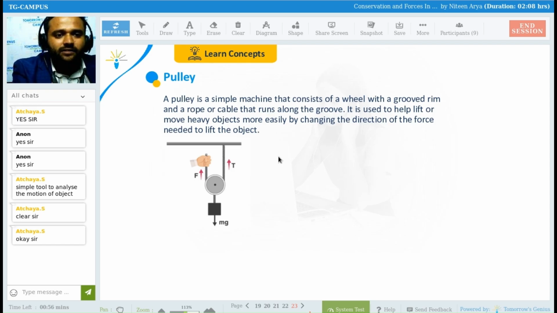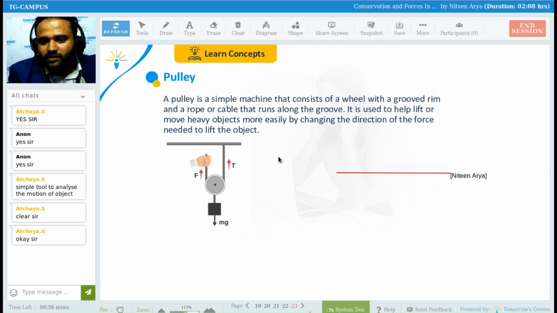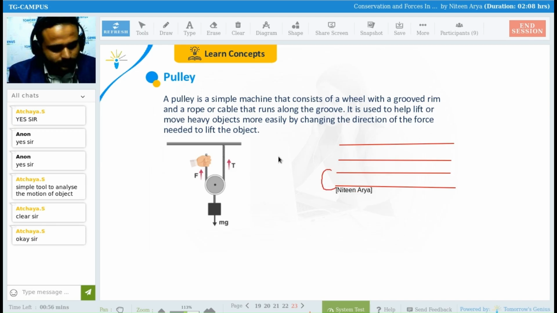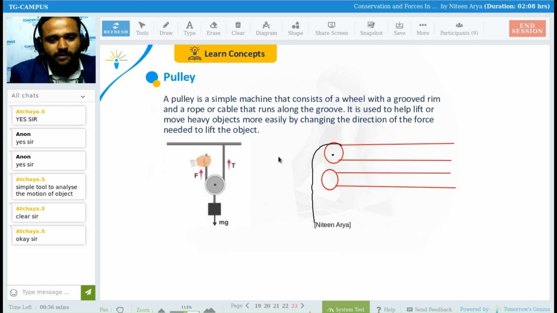So to maintain the tension and keep these wires straight enough, what we do in general is, after a certain distance, we apply a pulley, and with the help of this pulley system, a mass is attached.